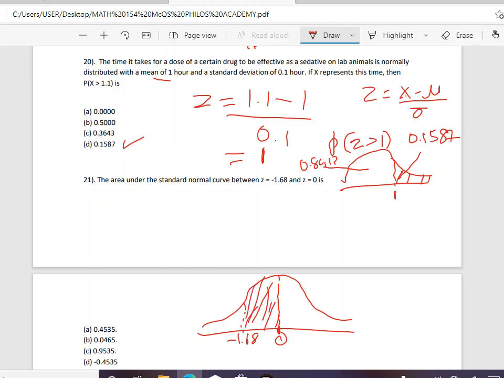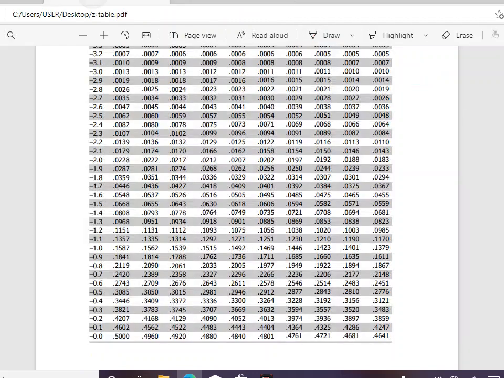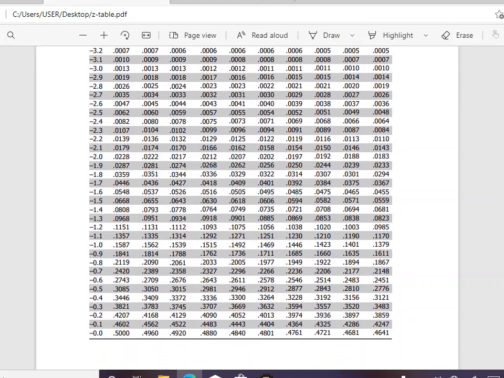To get this, you go to your z table and check the area to the left of negative 1.68. You have negative 1.6 here, then 0, 1, 2, 3, 4, 5, 6, 7, 8. So it gives us 0.0465.